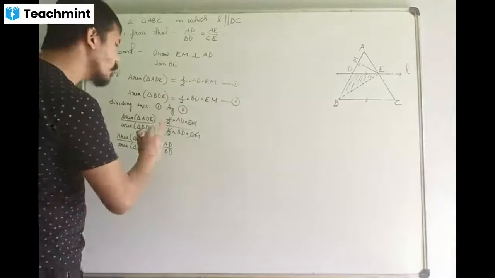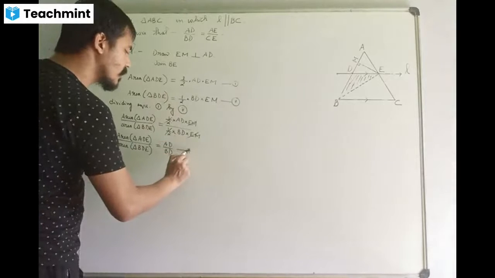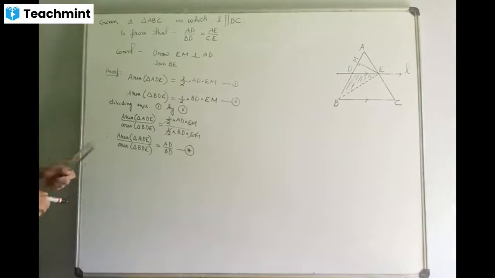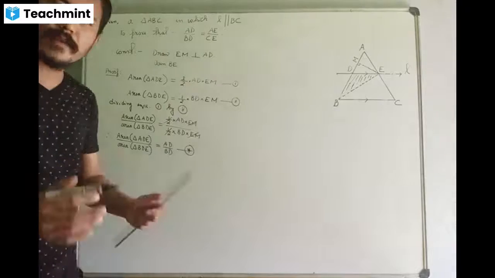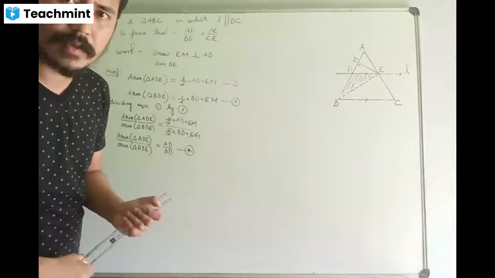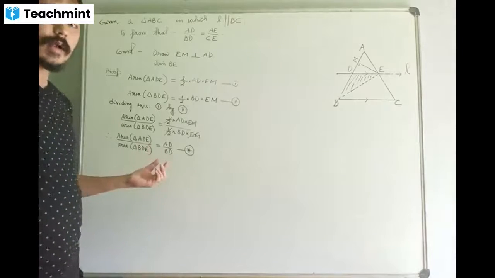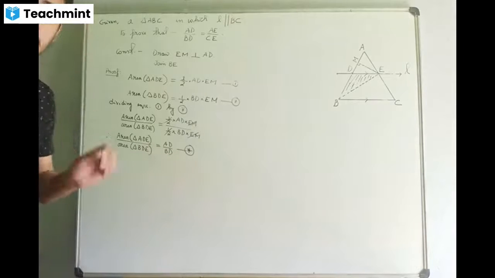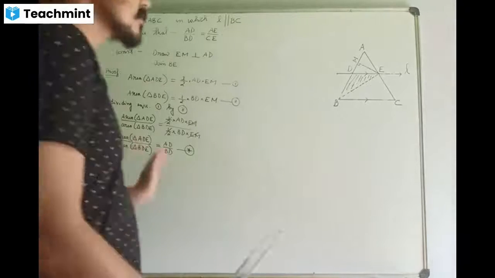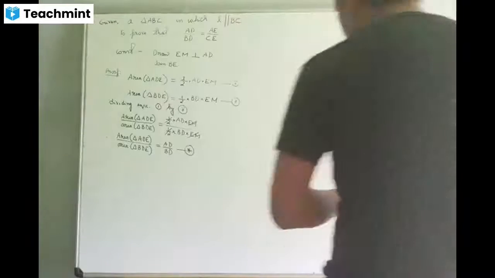So we are going to mark this equation as equation star. Star means something very important. Is it okay? So the first part of the theorem is complete.